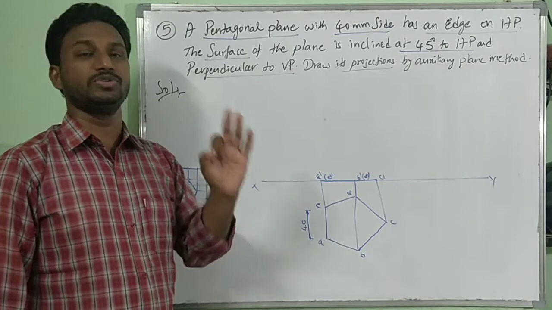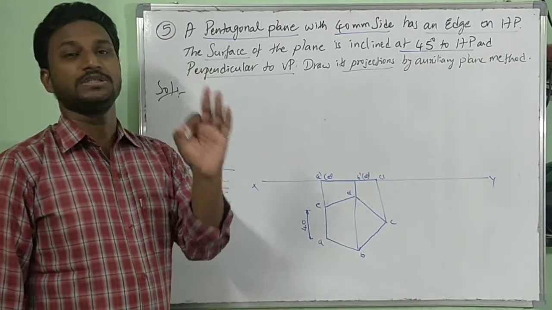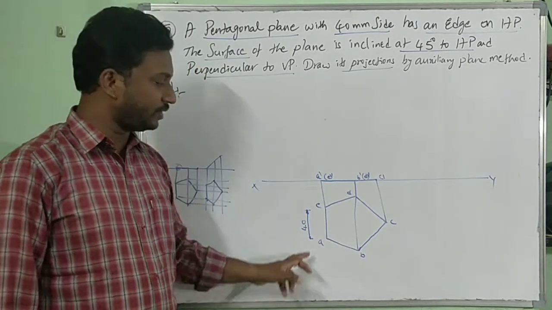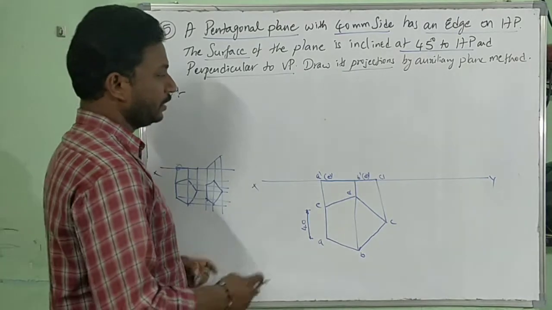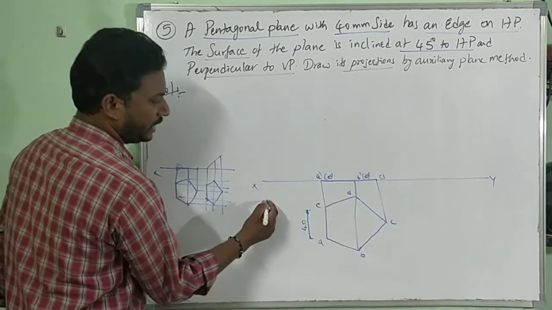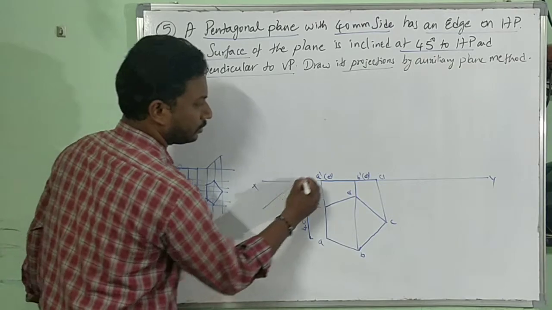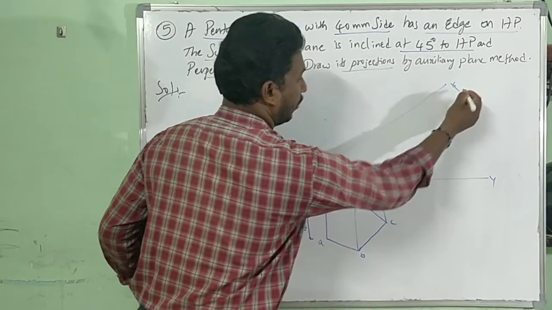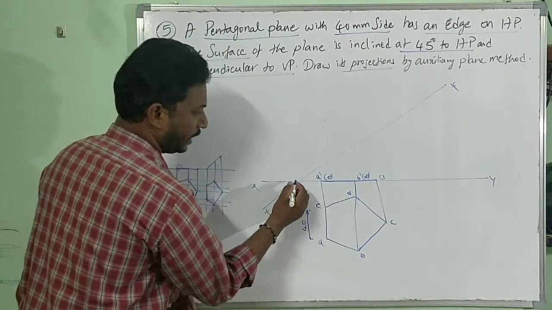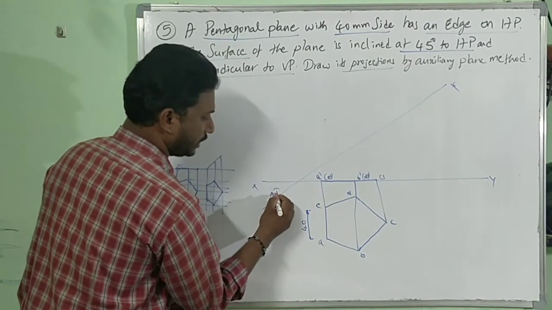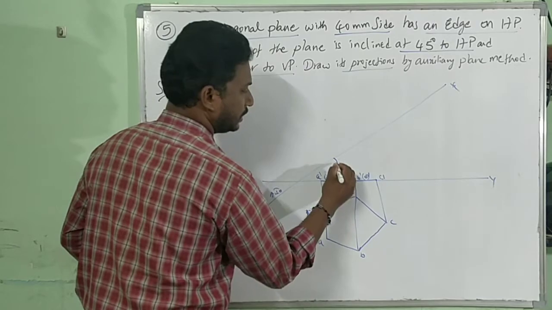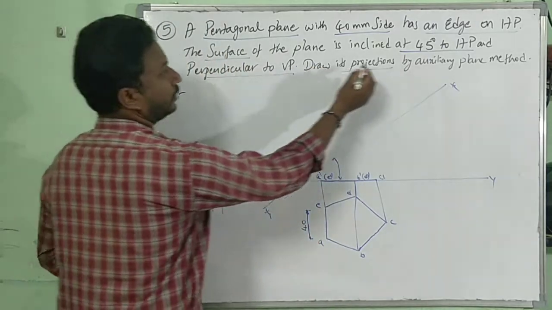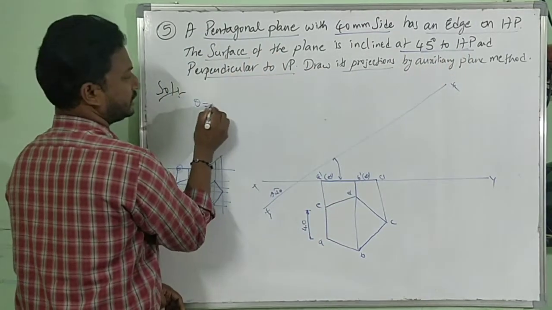So previously, for straight lines, I drew x1 y1 as the new reference plane, and I called it the auxiliary inclined plane, at an angle of theta, 45 degrees, which is given.